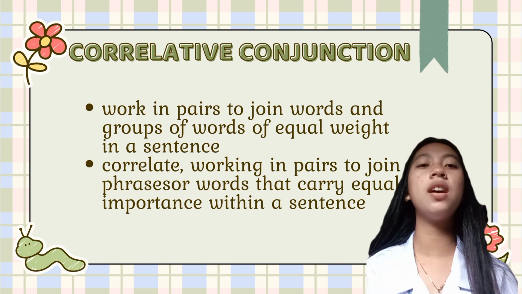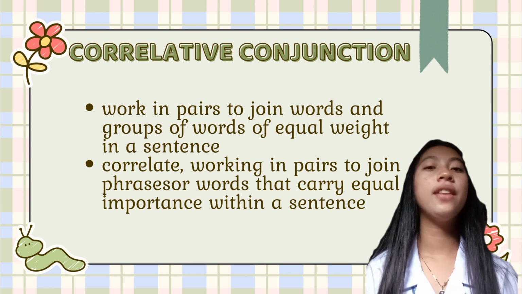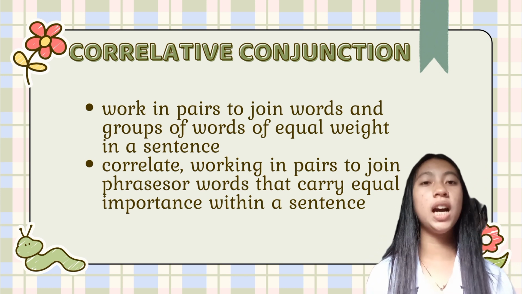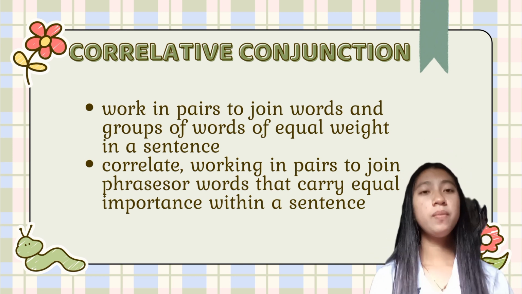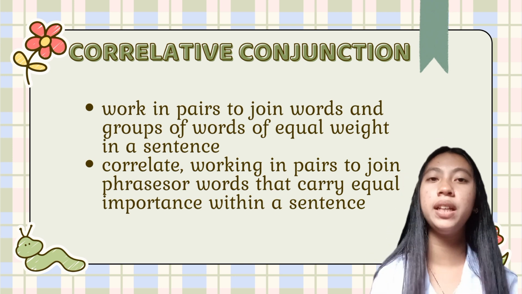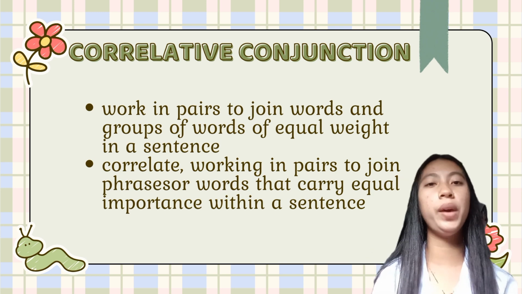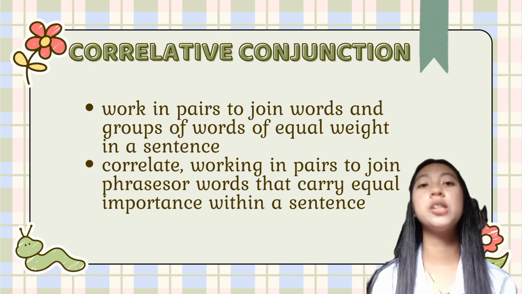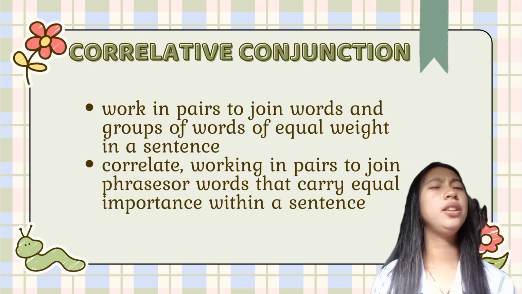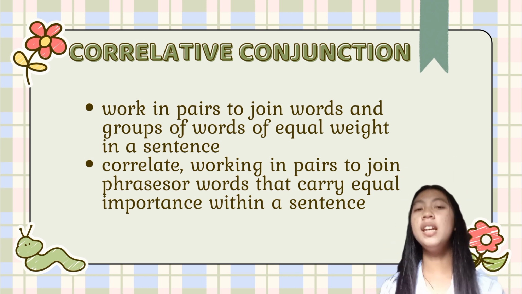Correlative conjunctions are pairs of words that work together to connect similar elements within a sentence. They often join phrases or words that carry equal importance or weight. In much simpler words, this conjunction is a package. You cannot use one without the other.